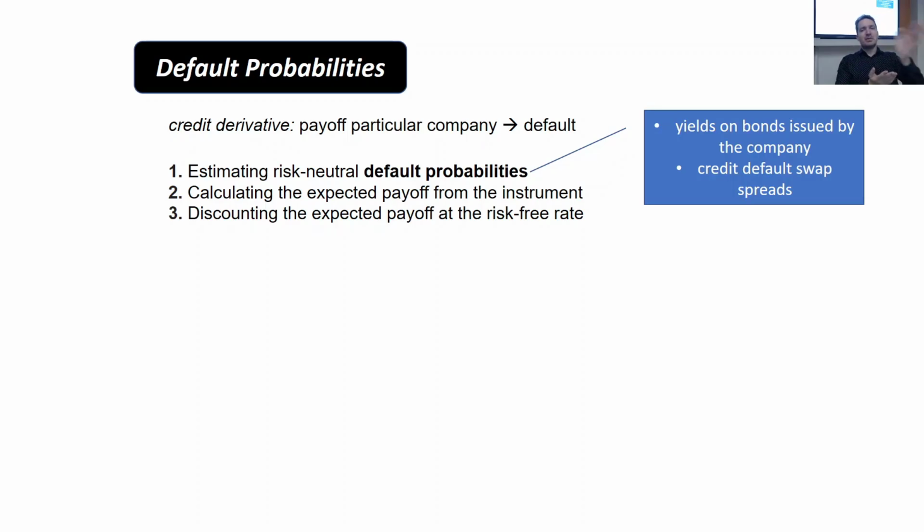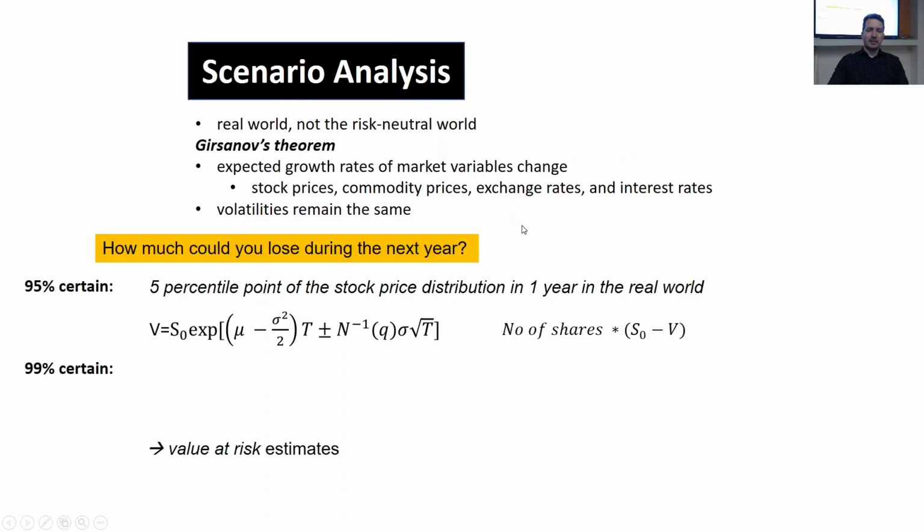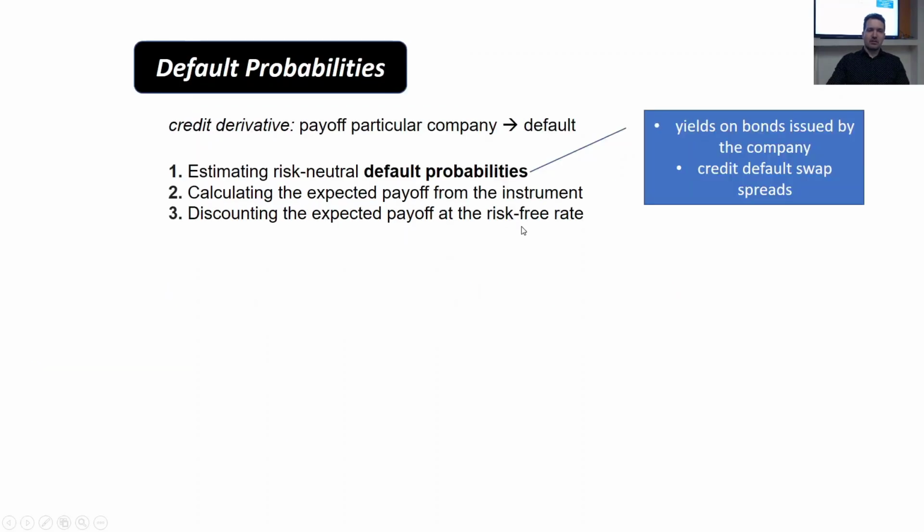So they are doing the payoffs until they are not doing it. So we have to estimate the risk-neutral default probability, and after that we can calculate the expected payoff from the instrument and discount the expected payoff at the risk-free rate. So sooner or later we will do this.